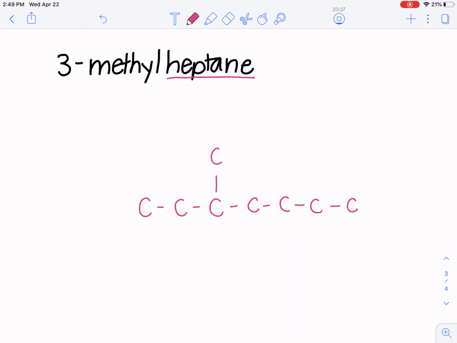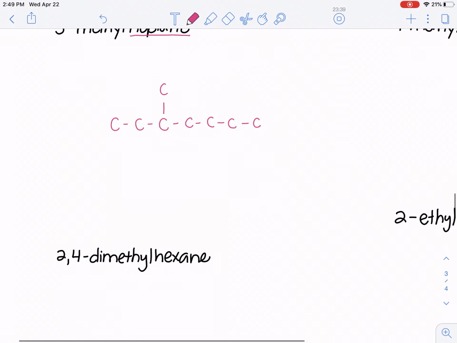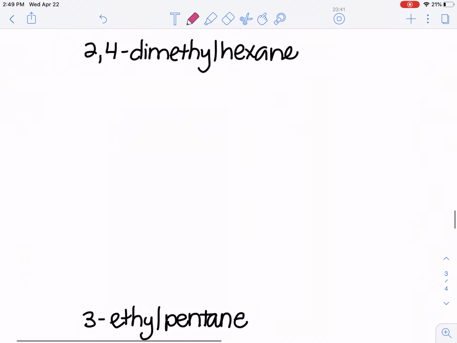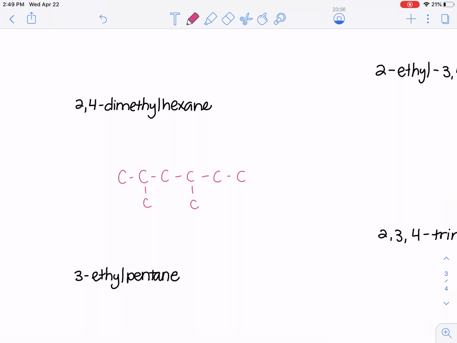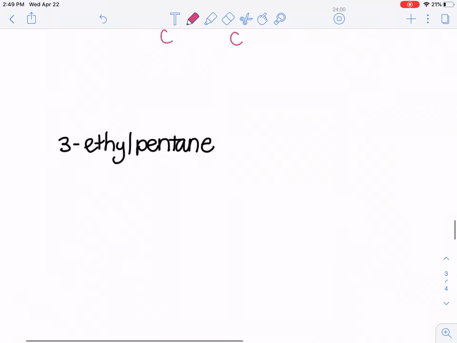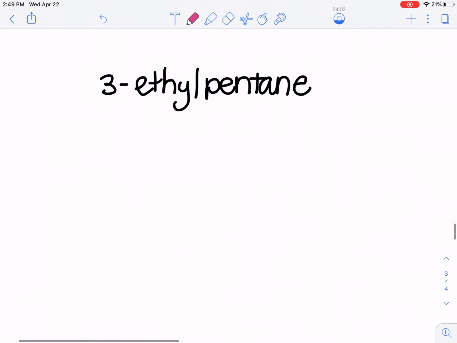And there we go. That's all we have to do. Hexane is 6 carbons. On the 2nd and the 4th, I have a methyl group. So 2,4-dimethylhexane. You could draw them both up, one up, one down. It does not matter.